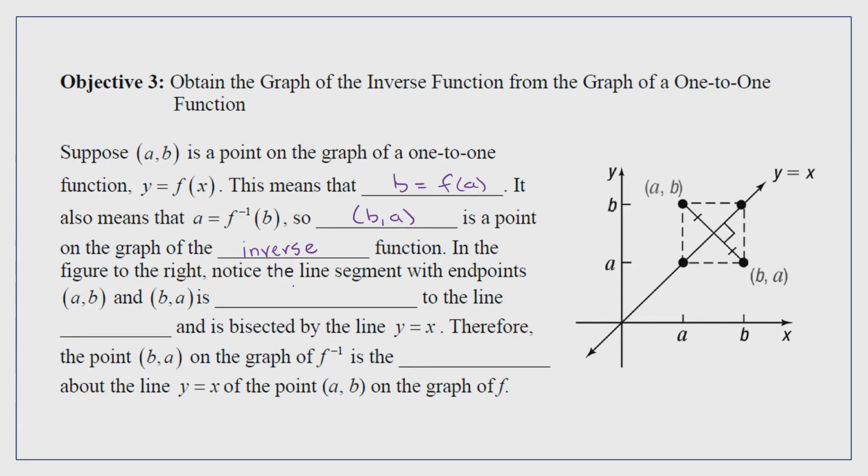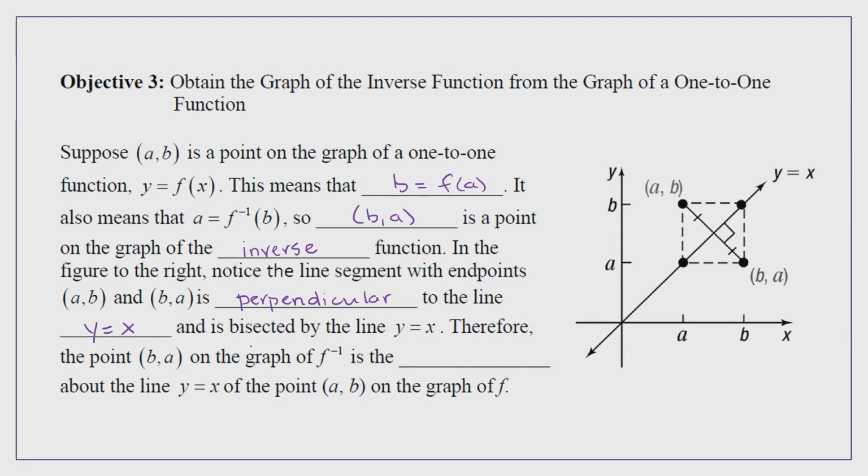In the figure to the right, notice that the line segment with endpoints (a, b) and (b, a) is perpendicular to the line y equals x and is bisected by the line y equals x.